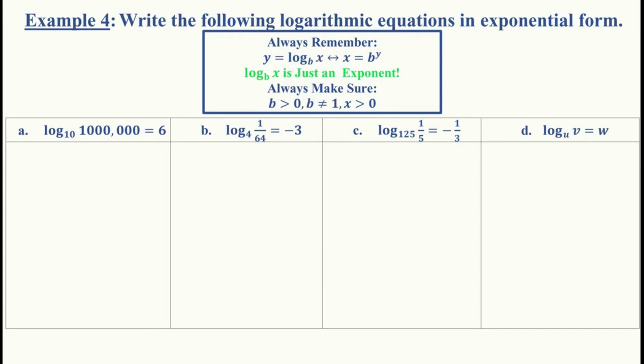Again, remember that the easy part about the whole thing is that the base of the logarithmic equation is also going to be the base of the exponential equivalent, and we know that the entire logarithm, which is 6, is going to be the exponent. And when you take care of that power, you're going to get the argument on the other side. So we get 1 million.